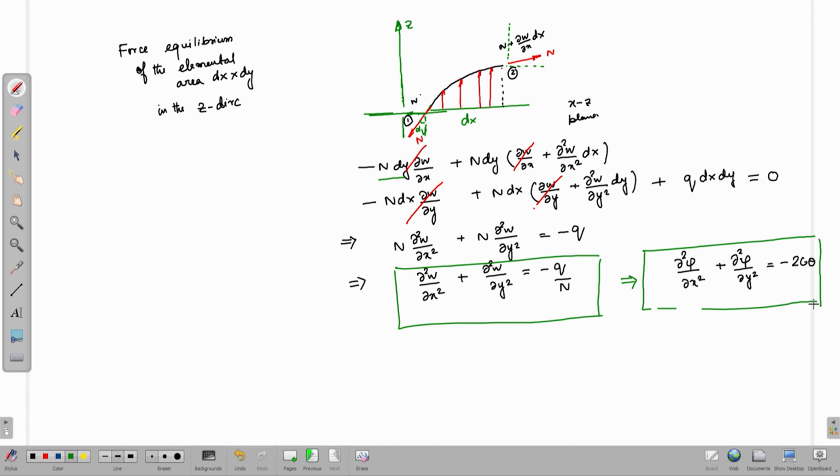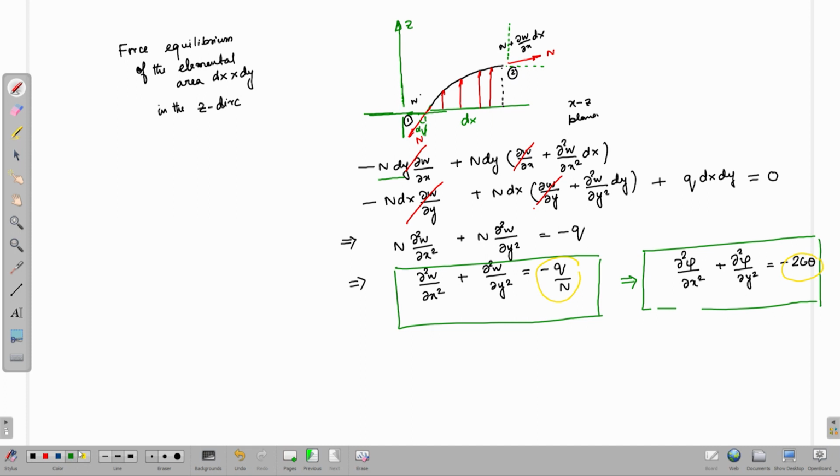Therefore, if the forces applied on the membrane, that is Q by N, are such that this is similar to minus 2g theta, then W is going to be equal to phi.